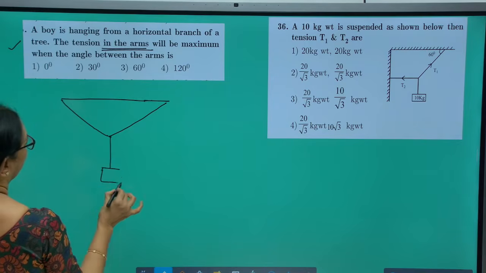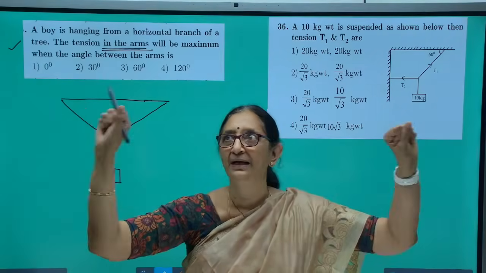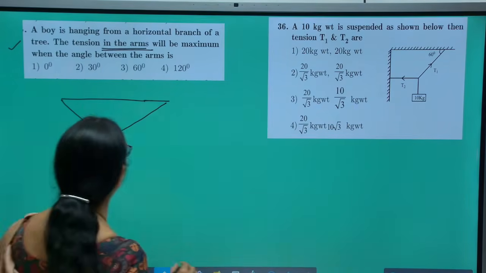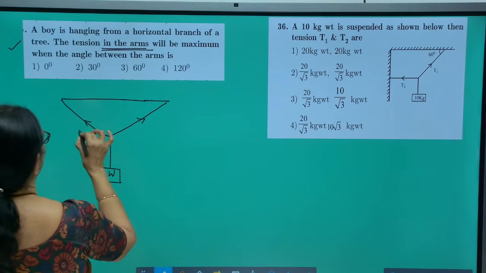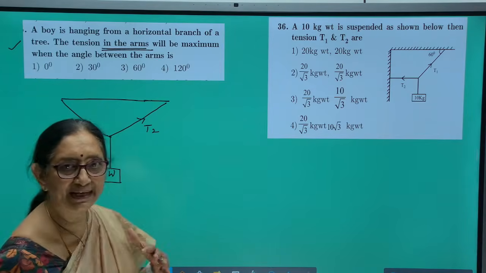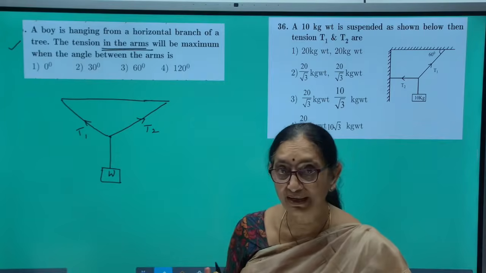See here, this is the weight of the boy. He is just hanging from the branch of a tree with his arms. So, here it is mentioned that tension in his arms, T1 and T2, they must be equal and it must be maximum. It is very simple.